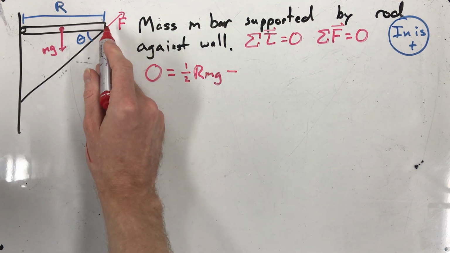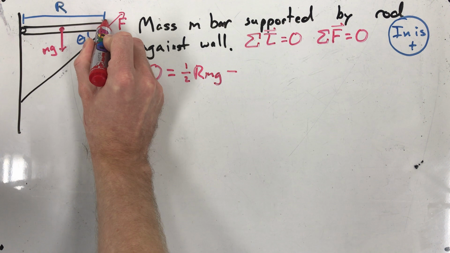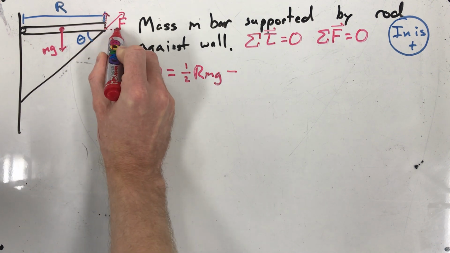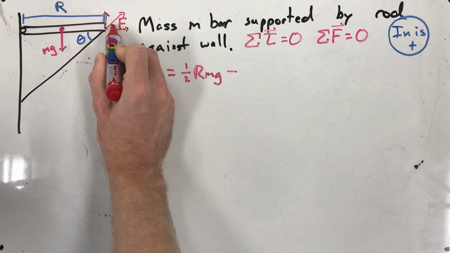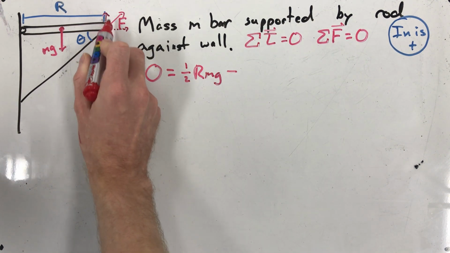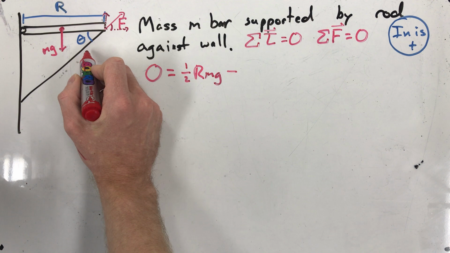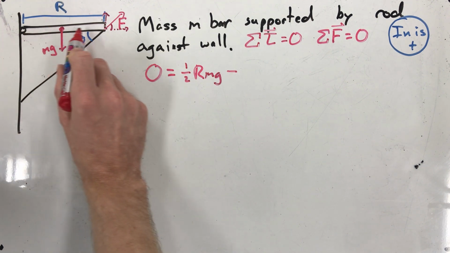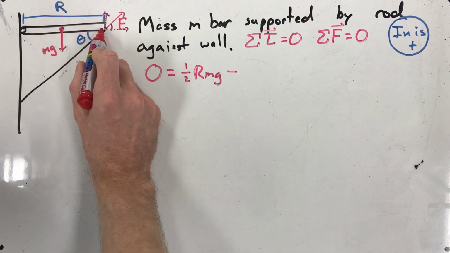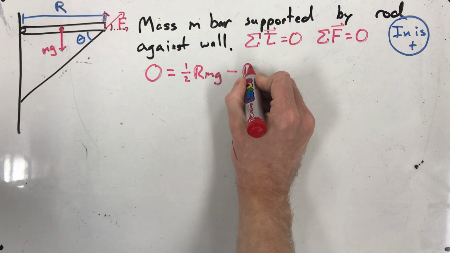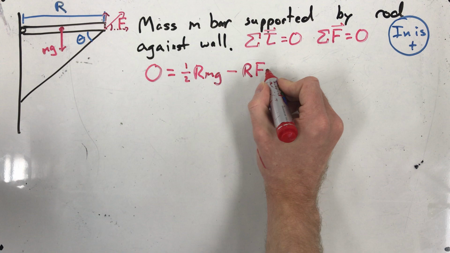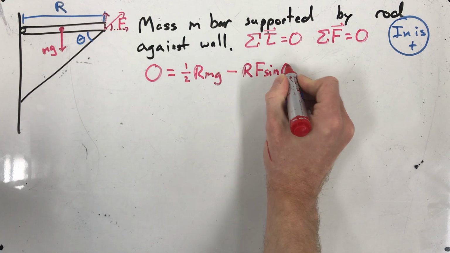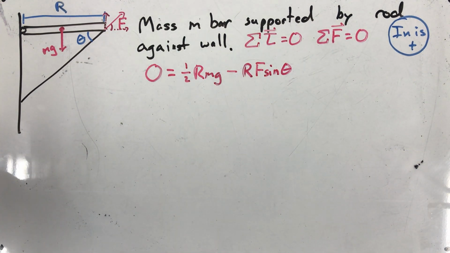And remember, we only want the component of this force that's actually in the direction of that rotation. So if this is theta here, this component is going to be f sine theta. And the lever arm is r in this case. So the torque caused by this force is going to be r f sine theta.